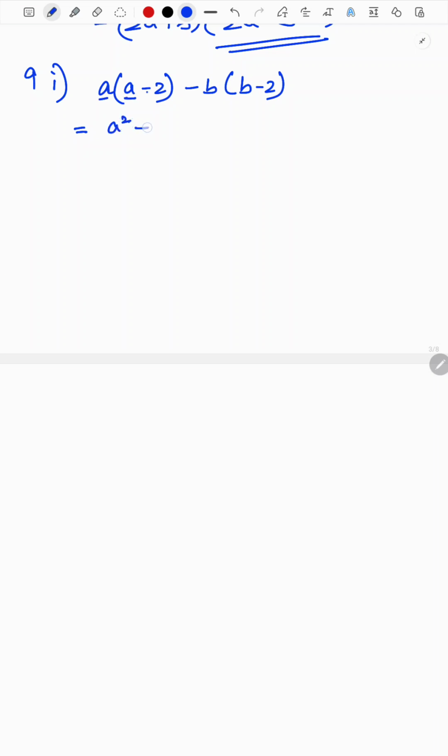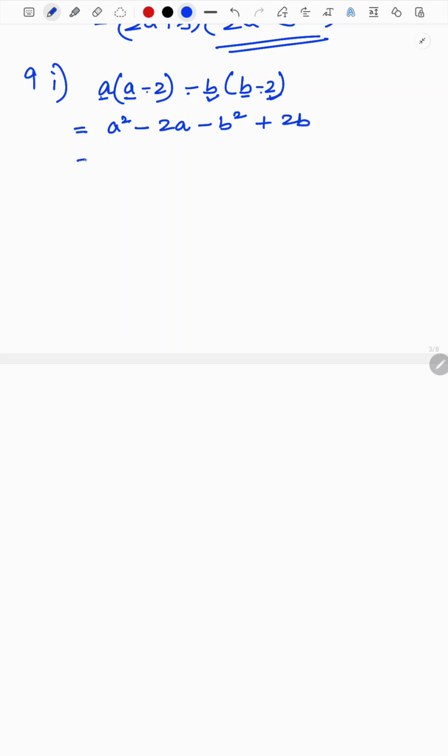The sign here I have is minus. A into 2 will give me 2a. Similarly here, when I remove the bracket, minus b into b will give me minus b square. Minus into minus will give me plus. 2b into 2, b into 2 will give me 2b.